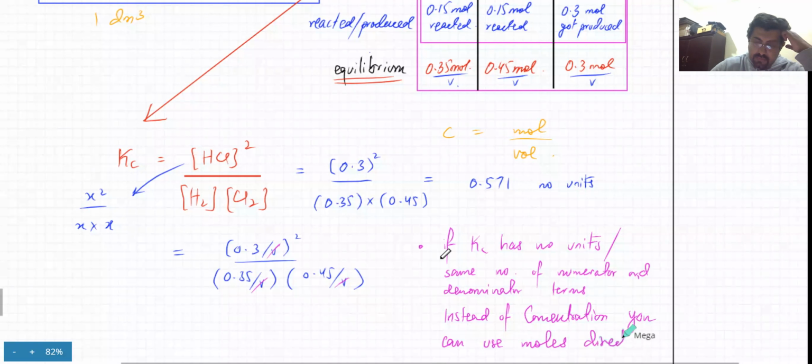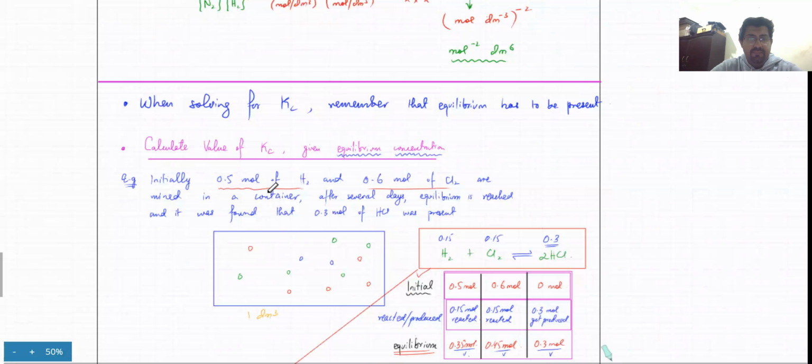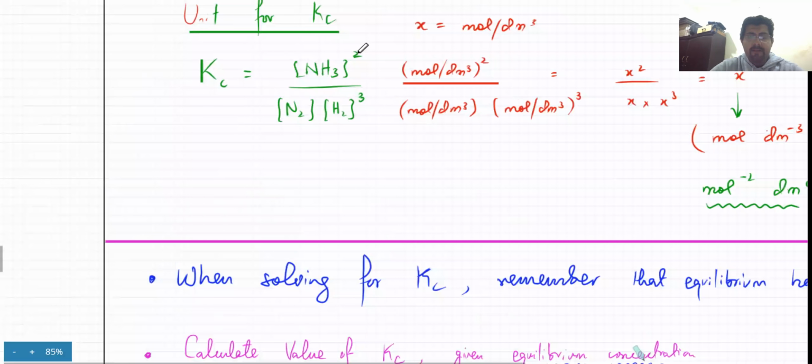Okay, so you don't need to do this extra step at the end to figure out concentration. Otherwise, you would have to, because if the numerator terms are fewer and the denominator terms are more, like in the NH3 expression over here, dividing by V is not going to get cancelled out. So you need V to figure out what the value is.